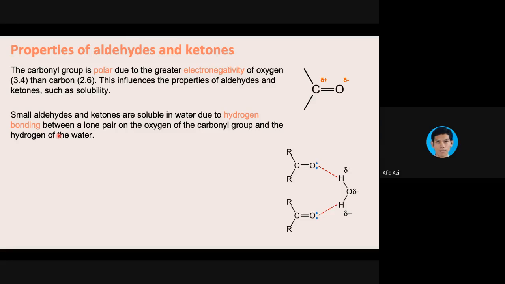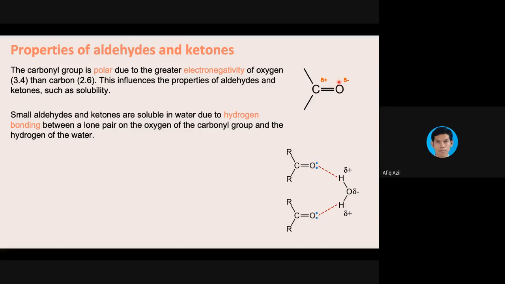So small aldehydes and ketones are water soluble, due to the reason that they can form hydrogen bonding between the lone pair on the oxygen of the carbonyl group and the hydrogen of the water. So how do you know whether it contains lone pair or not? You can go back and refer to how you draw the Lewis structure.